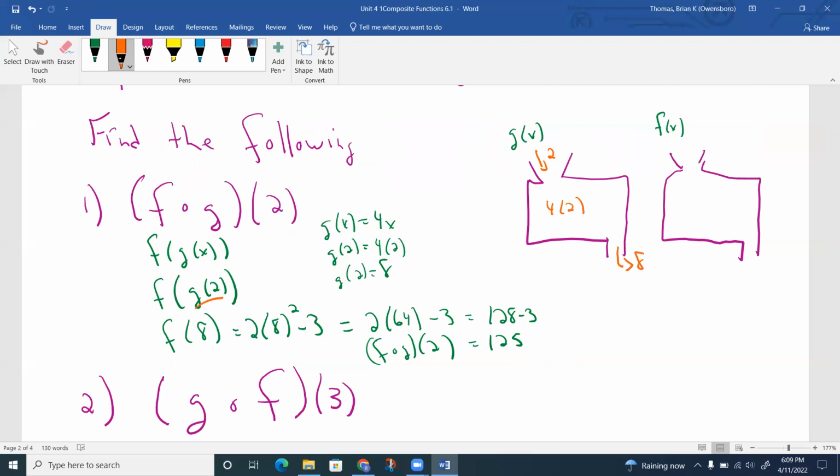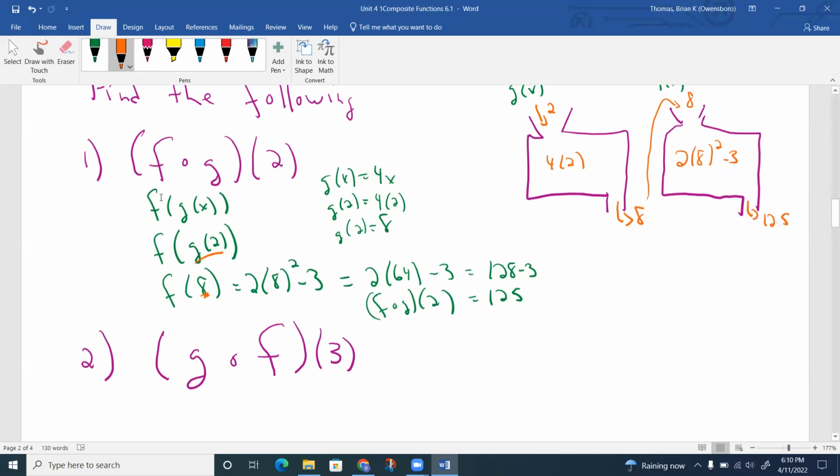What happens next is this 8 has to come over here and be substituted into the f function. So it becomes the new input value. This 8 now has to go into this function. So you replace that x with that 8, and you have 2 times 8 squared minus 3. And out came 125. So we have to feed 2 models here. We feed the g function model, which then feeds into the f of x model.